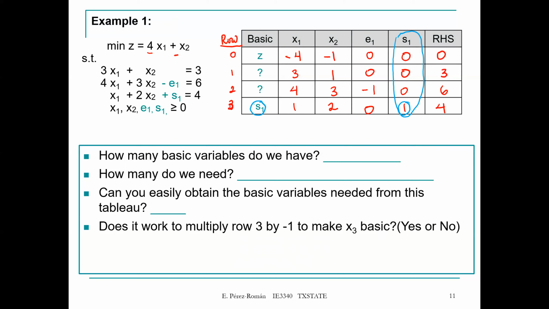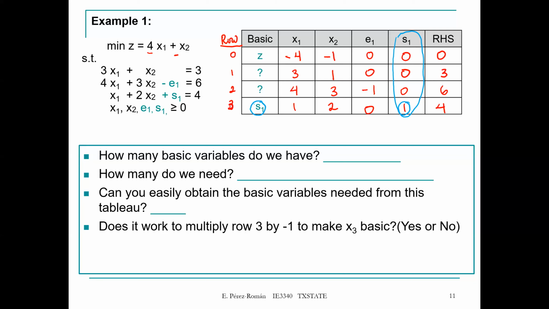Then you look for the other two columns that are going to generate this identity matrix, and you see that they don't exist. So there's no other basic variable in this tableau, which was not the case when we had all slack variables. We were able to find those basic variables right away. But in this case, we don't have slack variables for the first constraint or the second constraint. So we cannot state an initial solution right away.